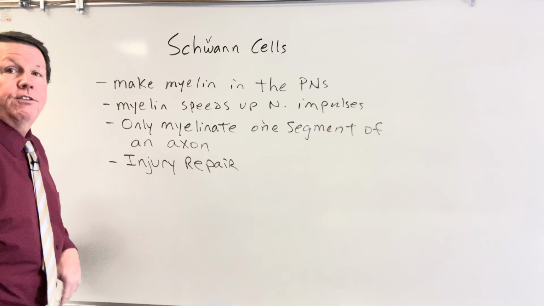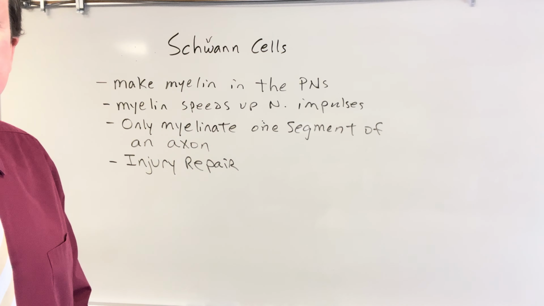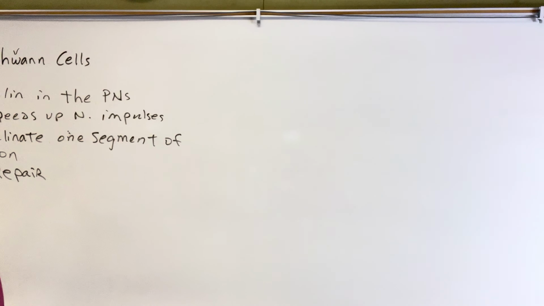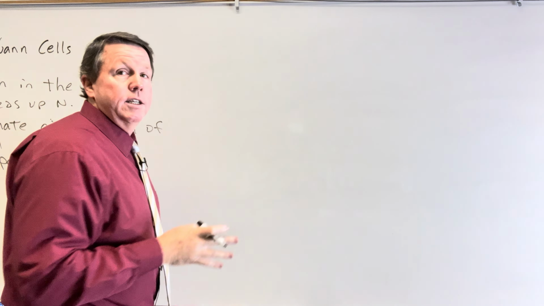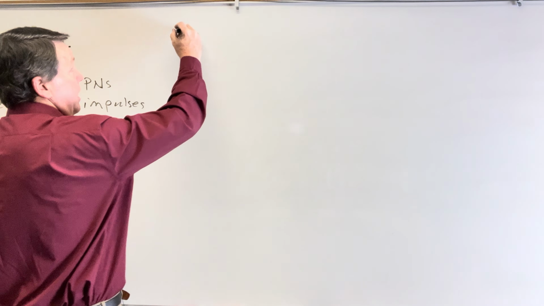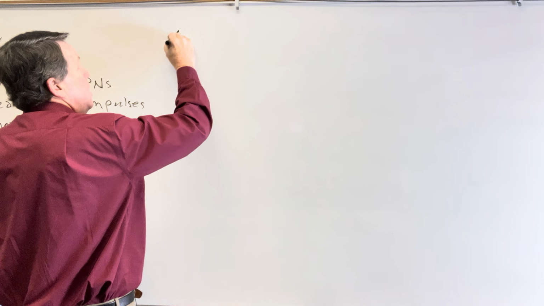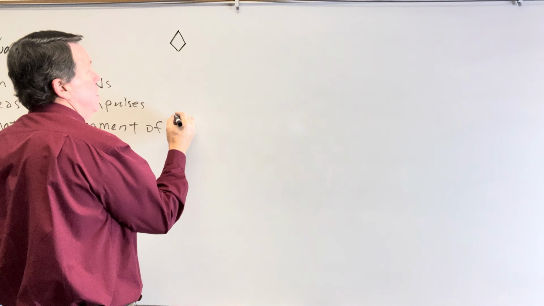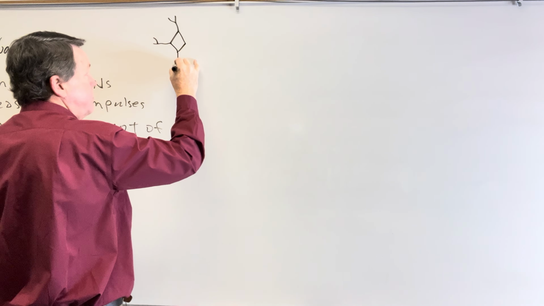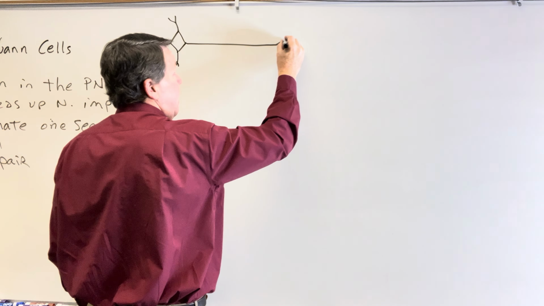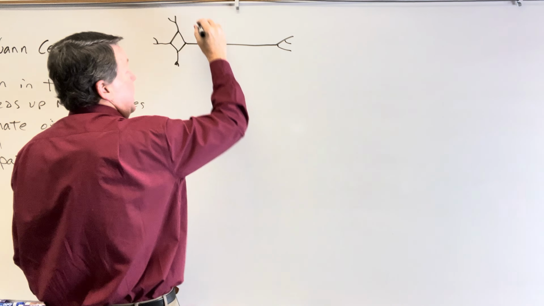So let's go ahead and take a look at this, and I'm just going to move this real quick. For the most part, I'm going to draw some cells now, and we'll talk about the Schwann cells, okay? And we're going to talk about myelin. So here's my nerve cell, and there's my dendrites, okay? And then we're going to have my unmyelinated axon.